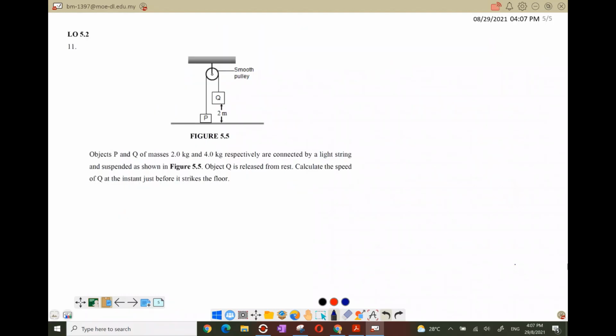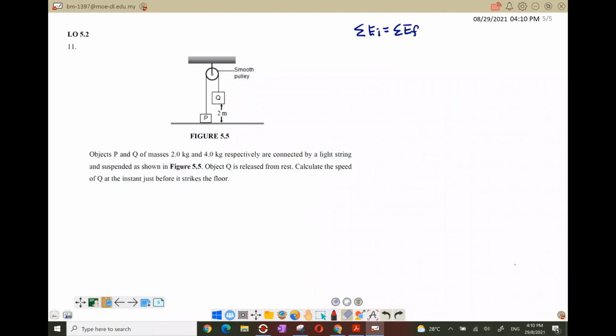Okay, now question number 11. Objects P and Q of masses 2 kg and 4 kg are connected by a light string and suspended as shown in the figure. Object Q is released from rest. Calculate the speed of Q at the instant just before it strikes the floor. What we need to do is we relate the situation with the conservation of energy.